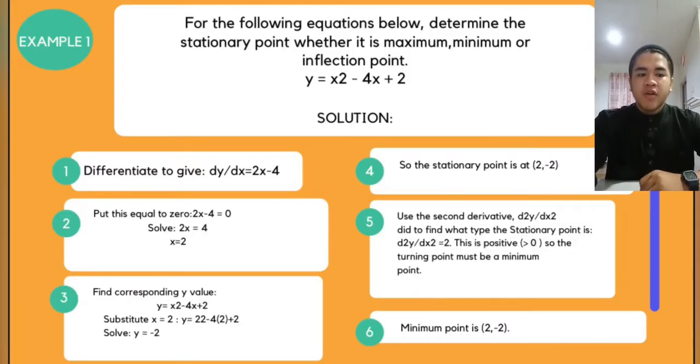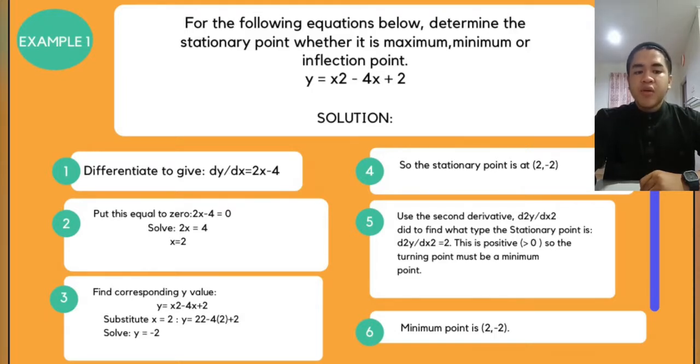Example 1. For the following equation below, determine the stationary point whether it is maximum, minimum or inflection point. y equals x to the power of 2 minus 4x plus 2. The solution to this question is, step 1: differentiate to give dy over dx equals 2x minus 4.